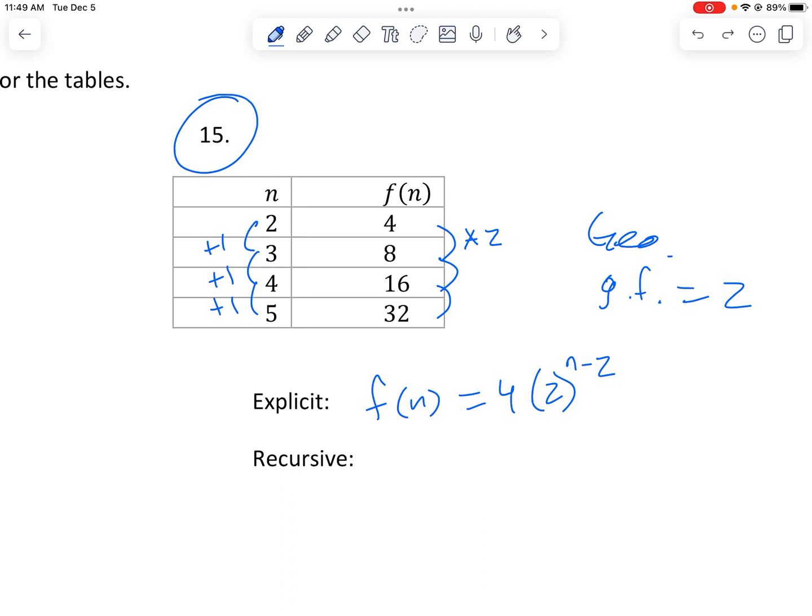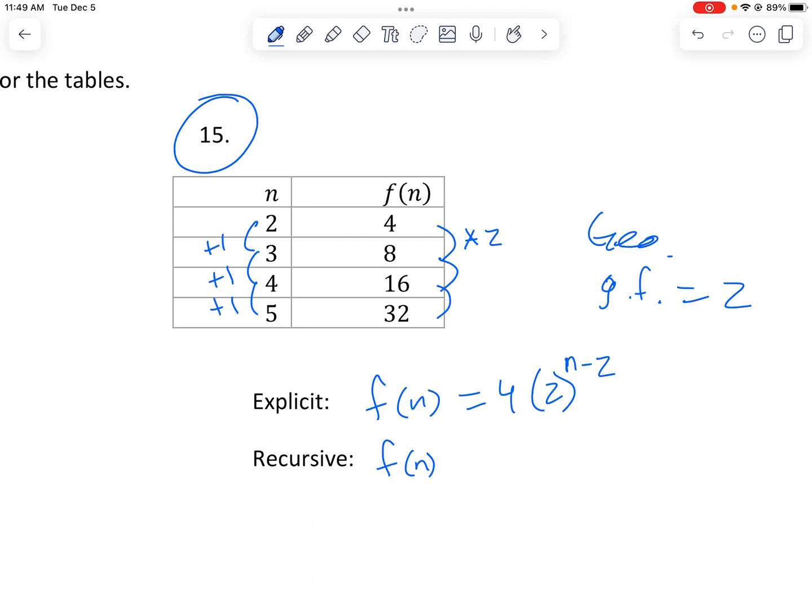And so I'm going to put that up there. If this started at 7, then we would make this 7. Whatever number you're starting at is going to be n minus that. And that's because when you plug in a 2, this becomes 0, and that cancels that out, and you're just left with the 4. It just doesn't cancel out. It makes it 1.